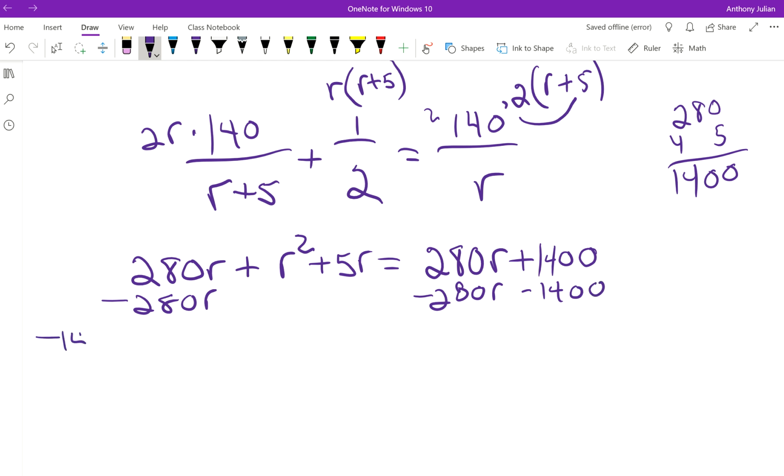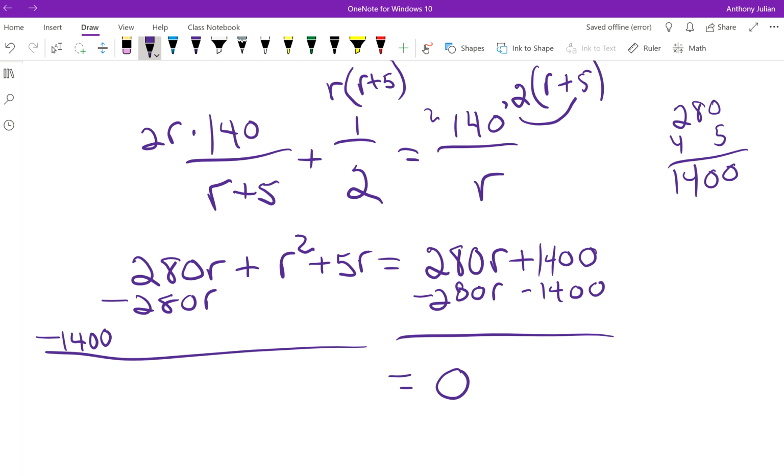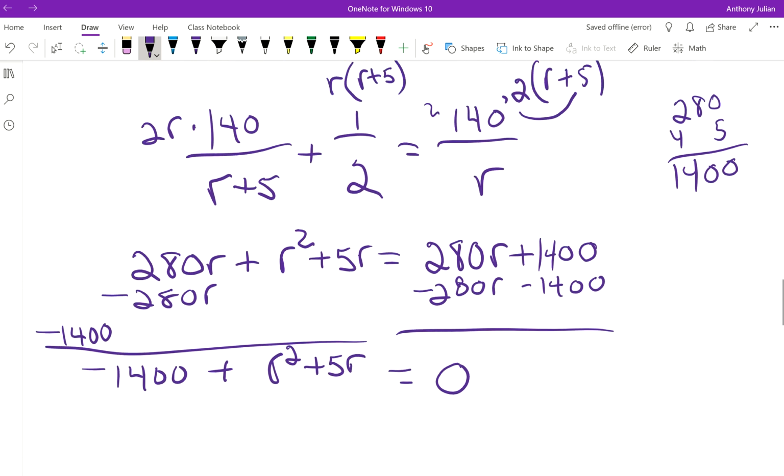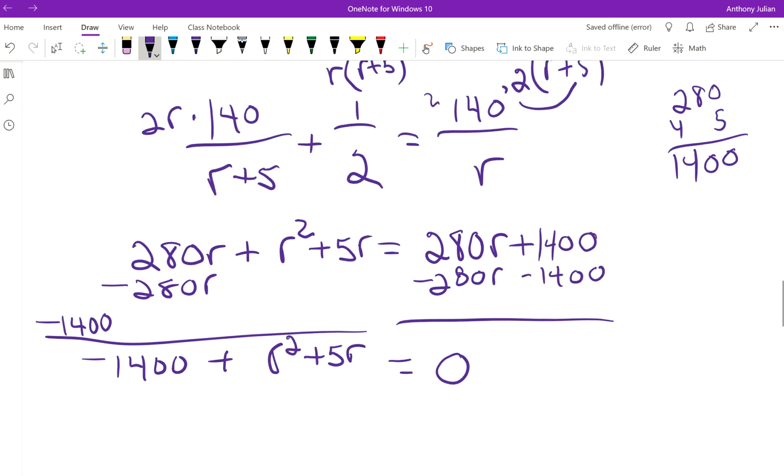Okay, so I know this is going to be 0, and that's going to equal, over here, r squared plus 5r. And 280 minus 280 is 0, and then the negative 1400 comes here. Of course, it's in the wrong order, but we can fix that up.